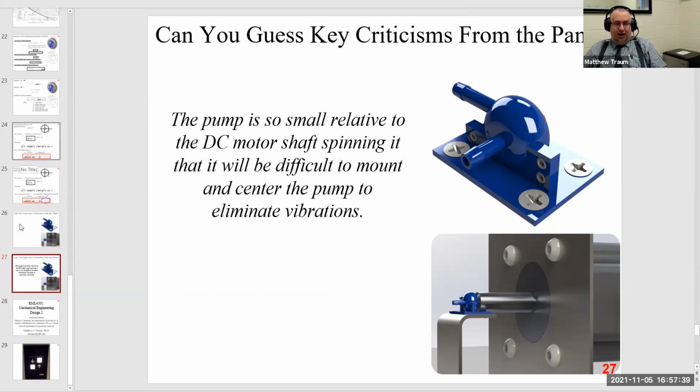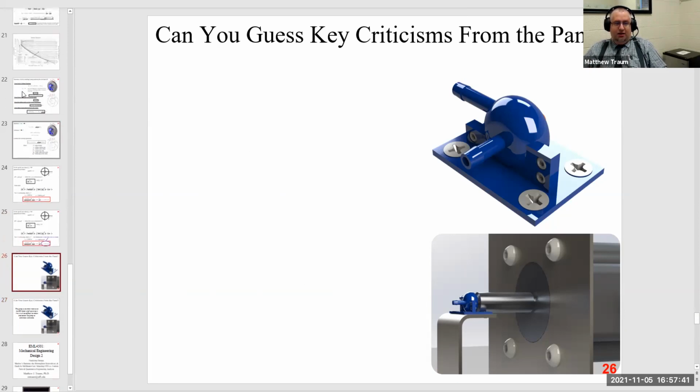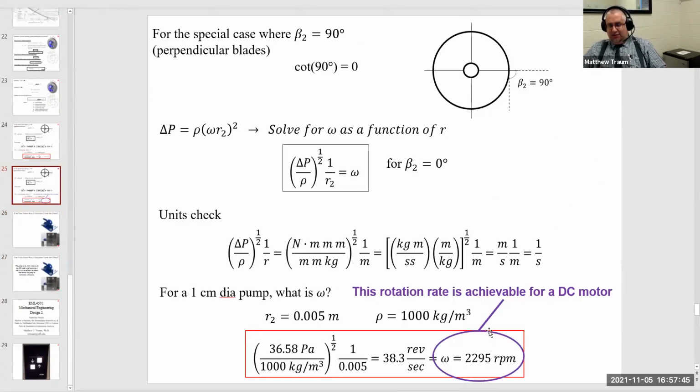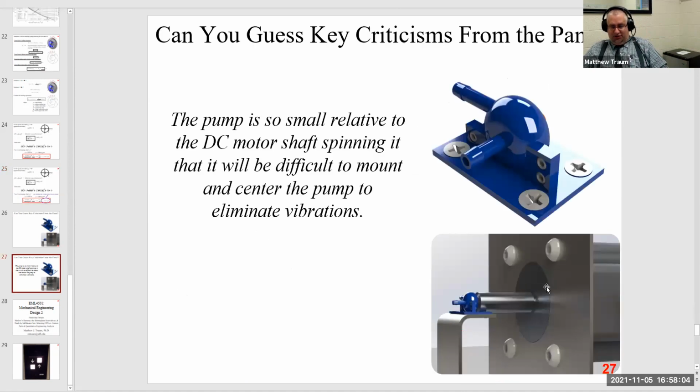But it did satisfy the expectation of an engineering analysis by giving us a sense that the RPM that you have to turn the motor at, 2200 or 2300 RPMs, was completely achievable and reasonable within the commercially available off the shelf DC motors that the students were considering.